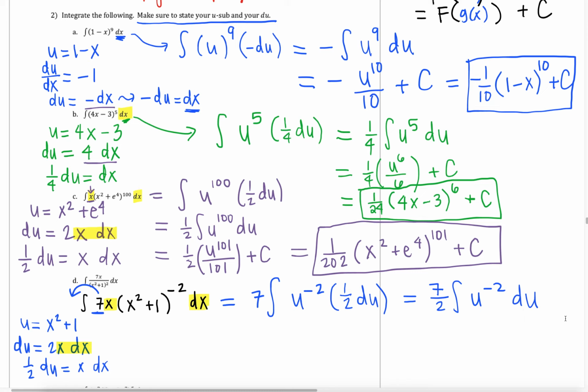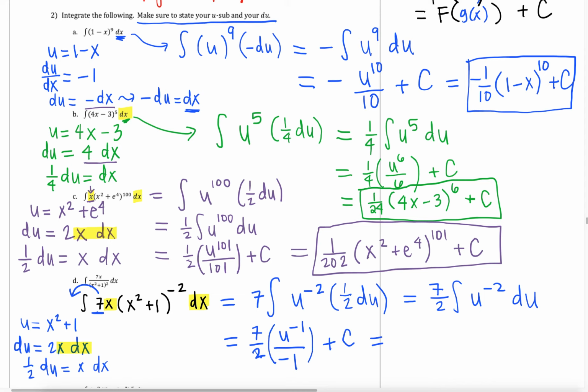From here, we're going to integrate in terms of u, and then replace back so that our final answer is in terms of x. So why don't you guys pause the video here, find your antiderivative of u to the negative second, and then finish off the problem. So to check this, our antiderivative of u to the negative second would be u to the negative first, since we're adding 1 to that exponent, over negative 1, and then plus c since we don't have any bounds.